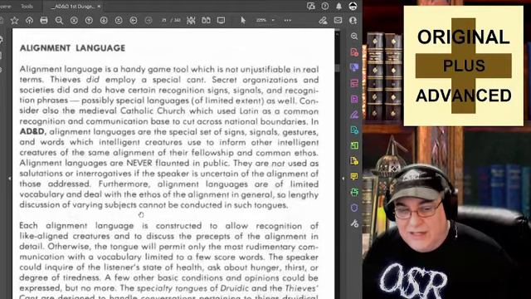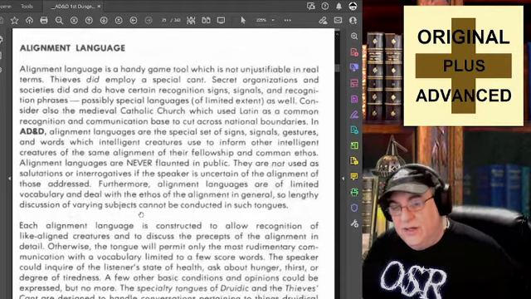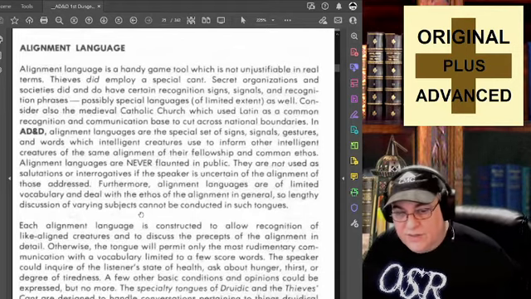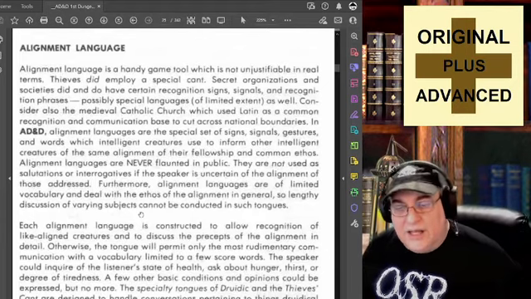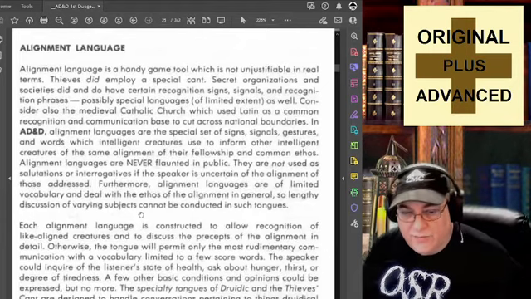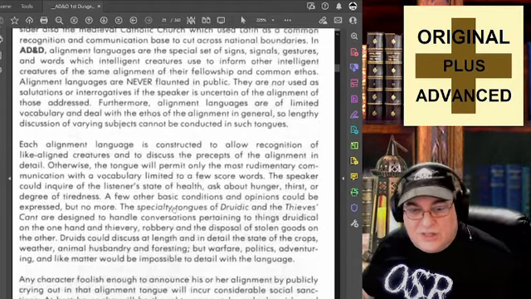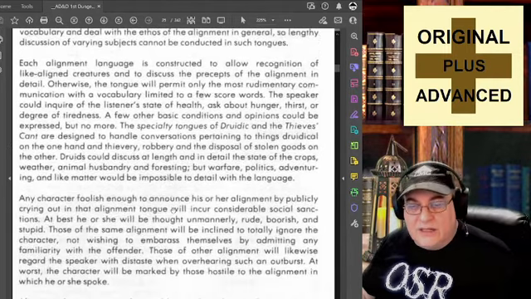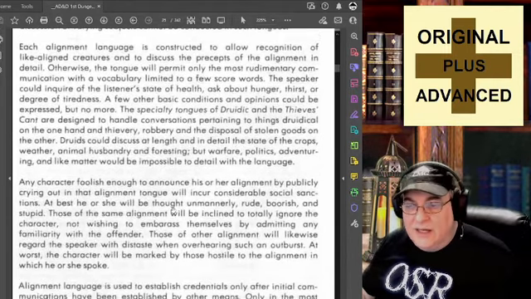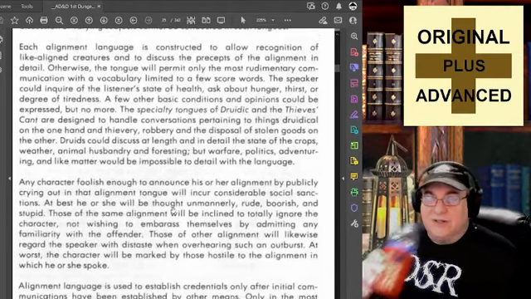They are not used as salutations or interrogatives of the speaker if the speaker is uncertain of the alignment of those addressed. Furthermore, alignment languages are of limited vocabulary and deal with the ethos of the alignment in general, so lengthy discussions of varying subjects cannot be conducted in such tongues.